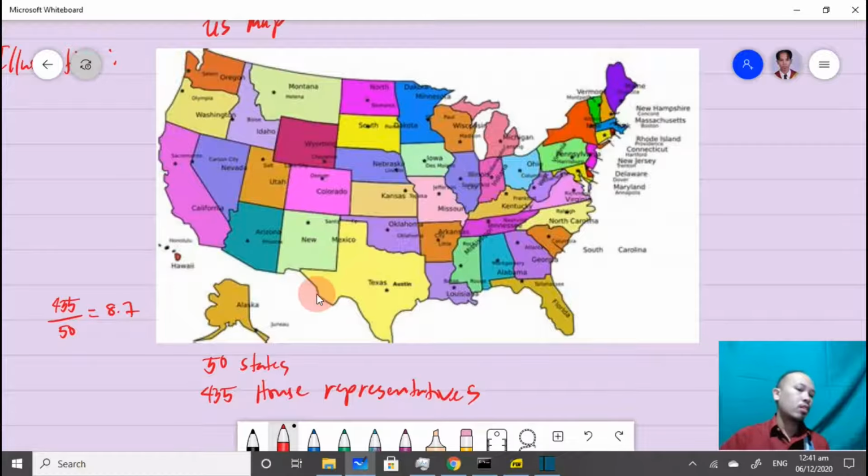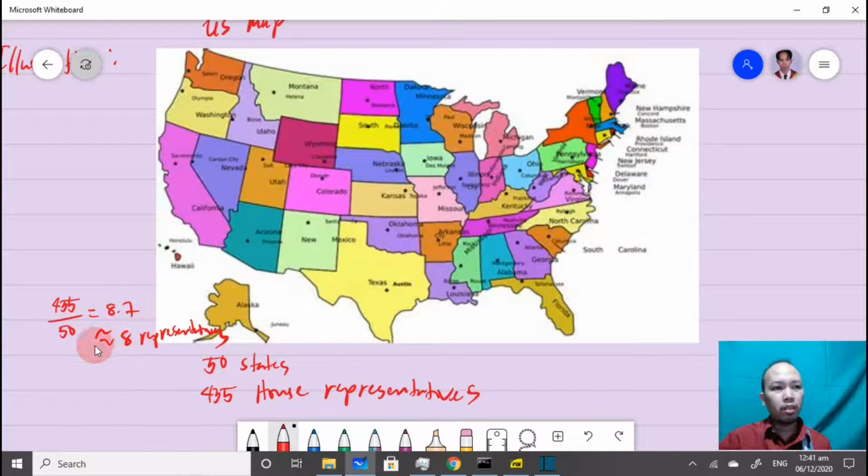We know that no state will have 0.7 of a person, so let's round this to 8 representatives. So there are 8 representatives.